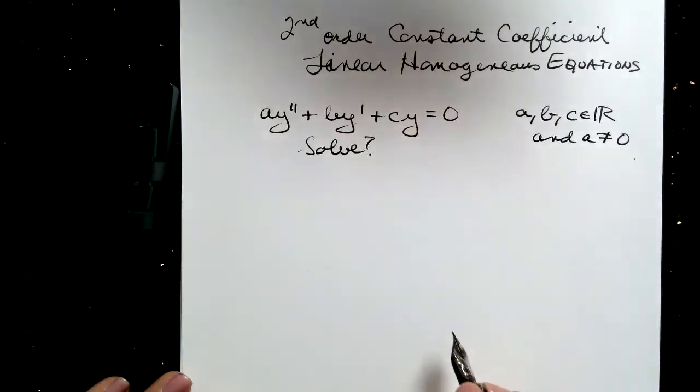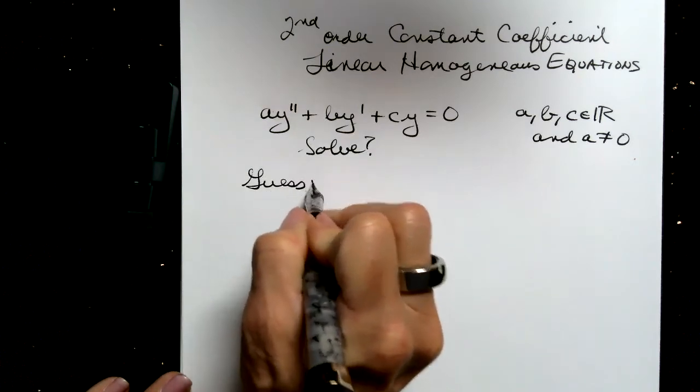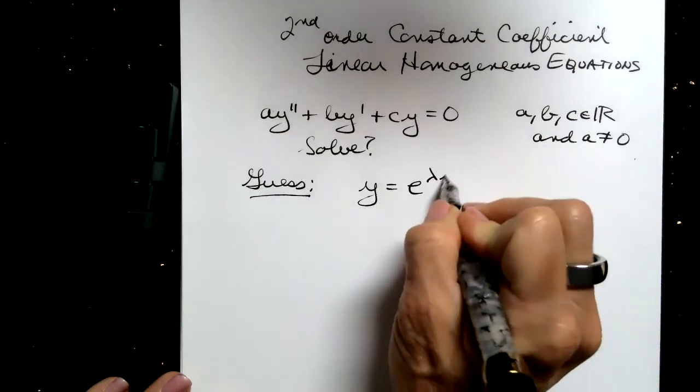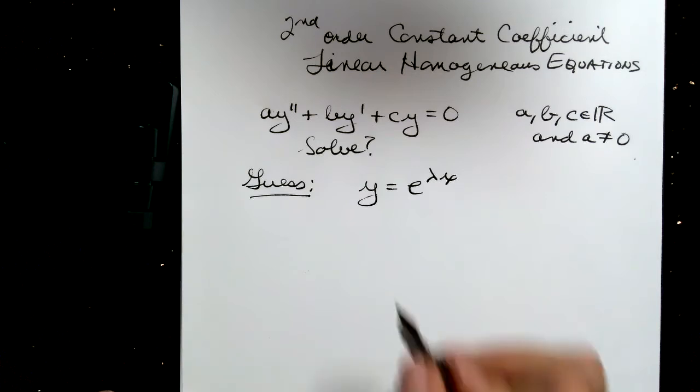And how do we do that? Well, barring anything else, we better make a good guess. So let's make a guess at a solution and hope for the best, that our solution is like an exponential, say e^(λx). Now, we don't know that that's correct at this point. We have to just try and see if that works.